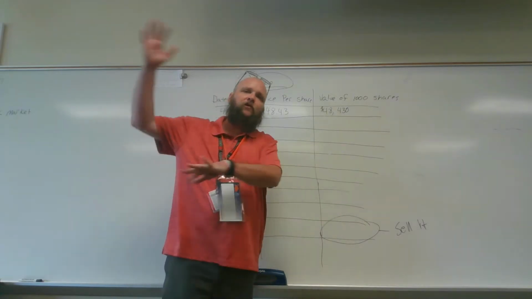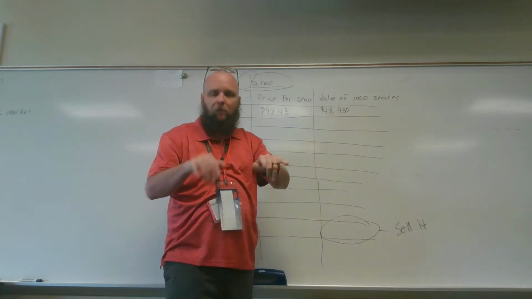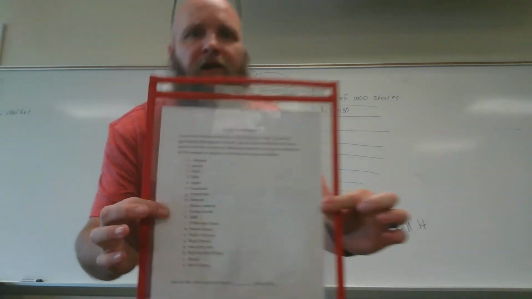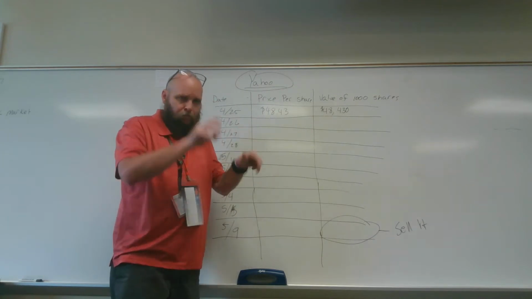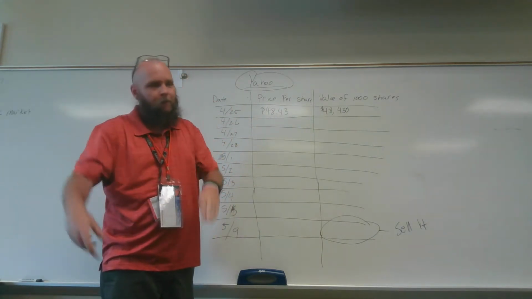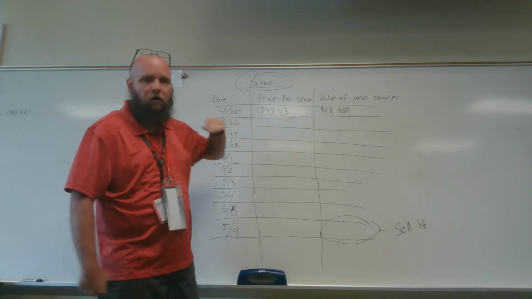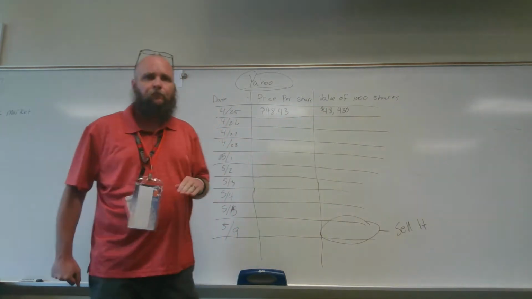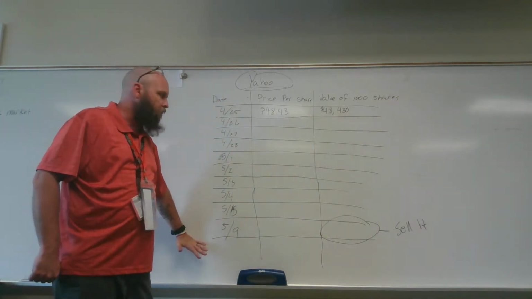And again, you don't have to go to the big stock market page. All you have to do is pick one of these stocks, type out stock price for Yahoo on April 25th, and it's going to tell you $48.43 per share. I bought 1,000. That's what it's worth. So you're going to go through it on all these days on this chart.